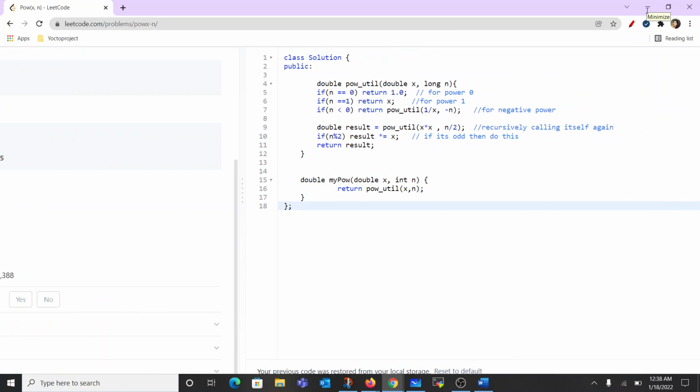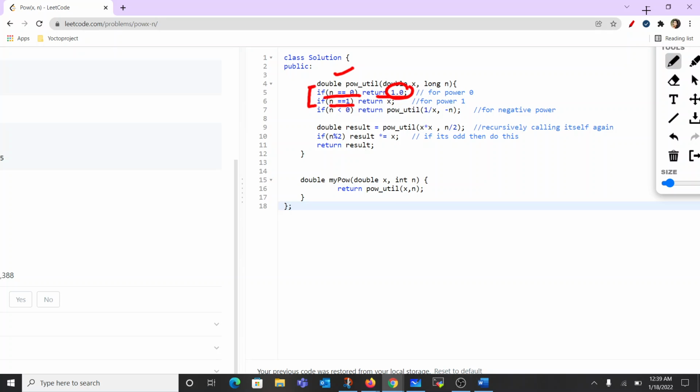So now here, these are the two base cases: n equal to 0, then we are required to return 1.0. This 1.0 is there as per the requirement of the question.